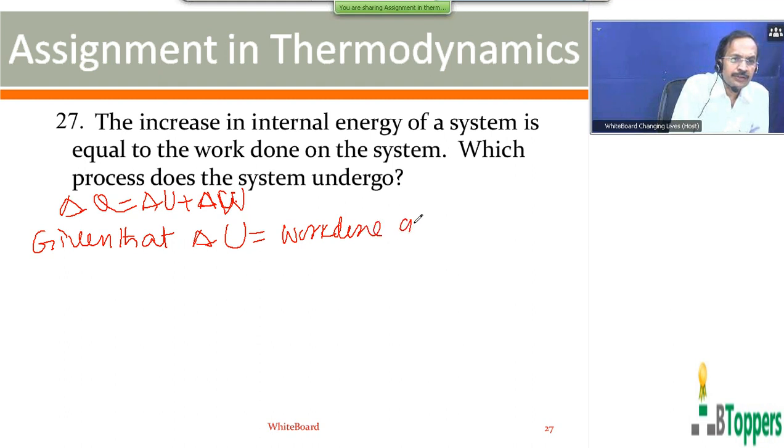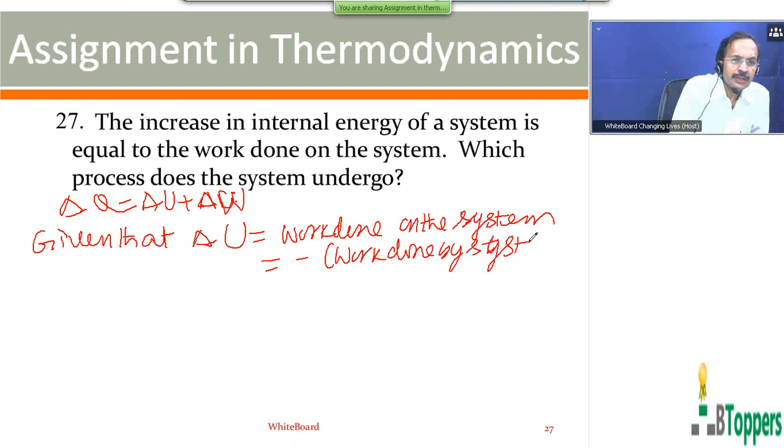So work done on the system by the surroundings can be taken as negative of the work done by the system on the surroundings, where delta W represents work done by the system in the equation for the first law of thermodynamics.